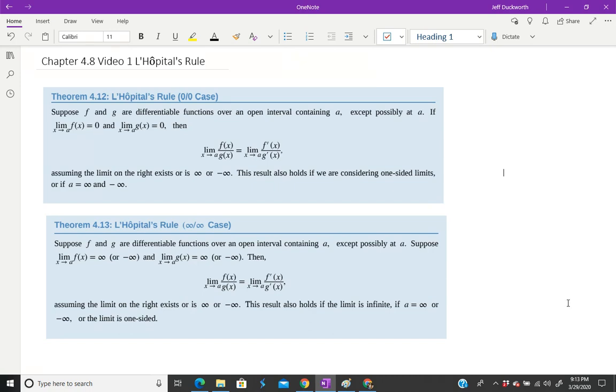So if you're in a situation where you're taking a limit of a function over another function, if you're in a situation where the limit of the numerator equals 0 and the limit of the denominator equals 0.